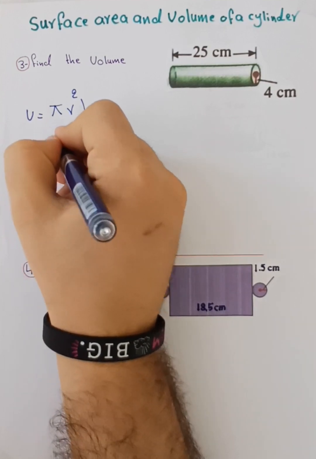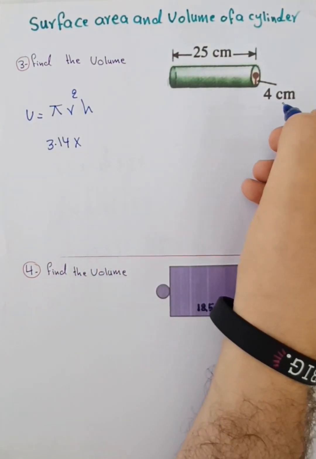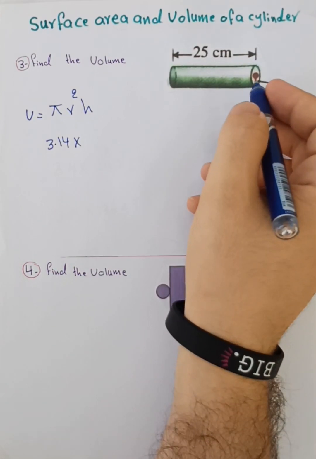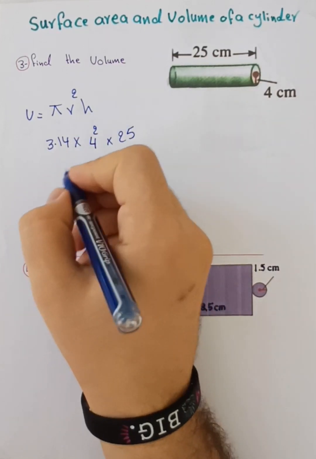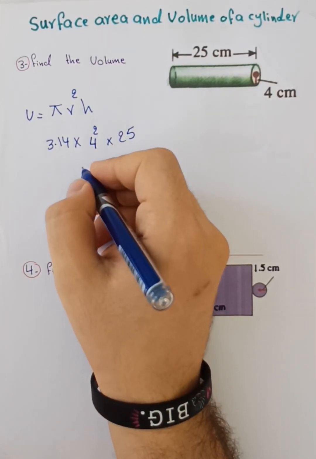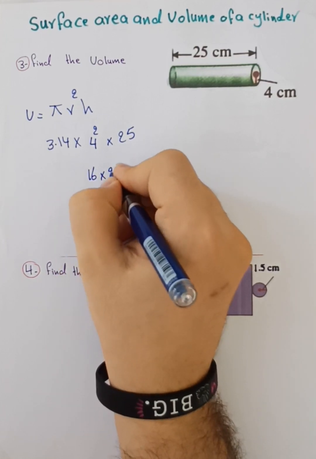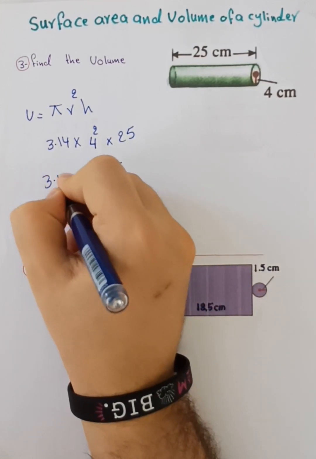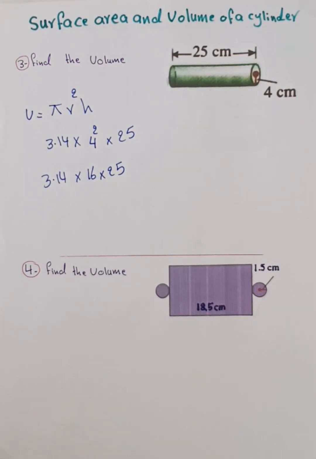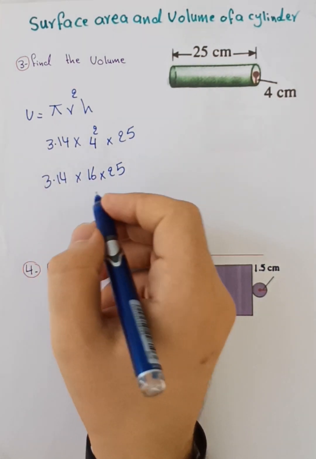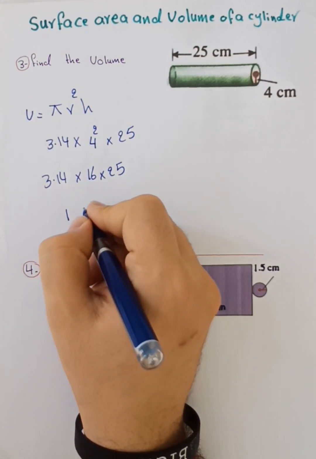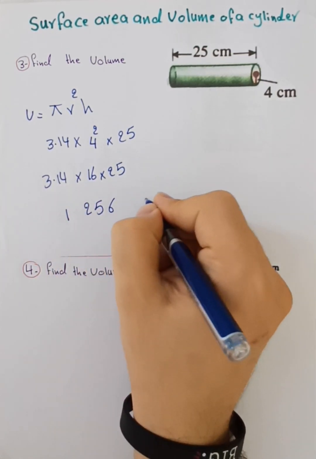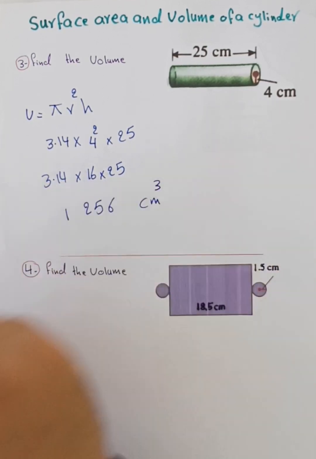Pi is 3.14 multiplied by the radius of the circle, 4 squared, multiplied by 25. 4 squared means 4 times 4 equals 16, multiplied by 25, and then multiplied by 3.14. After that, the product for these 3 numbers when we multiply is 1256 cubic centimeter.